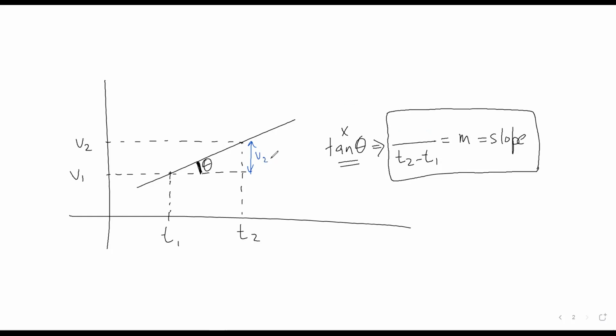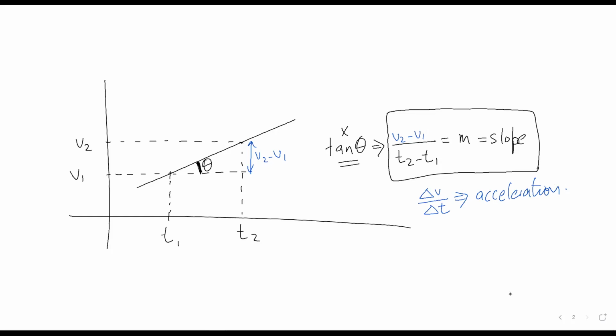So this is v2 minus v1 upon t2 minus t1. This is also written as delta v upon delta t, and this is equal to acceleration. Are we clear till here? Yes, sir. Okay, so let us look at the question again.